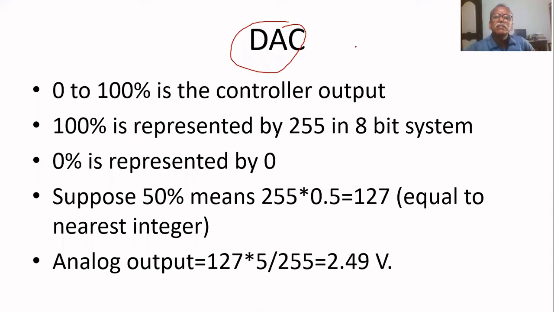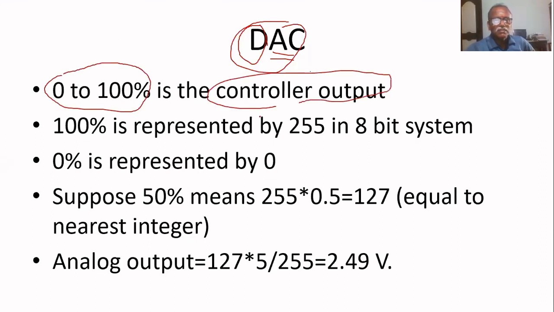A DAC converts a digital signal into an analog signal. 0 to 100% is the controller output.